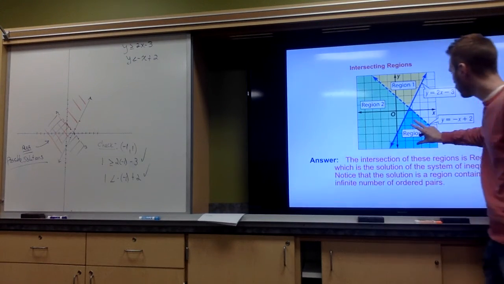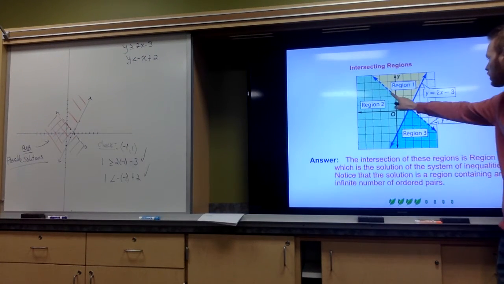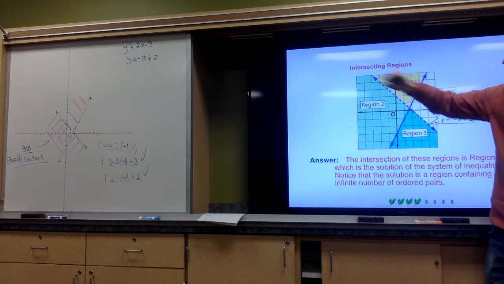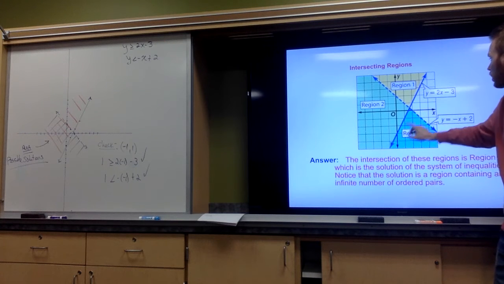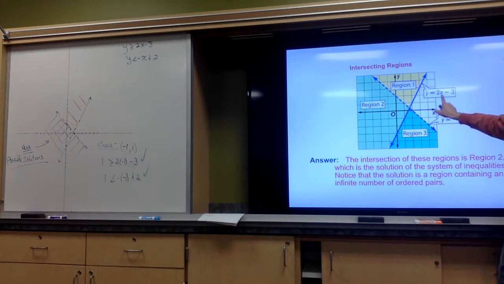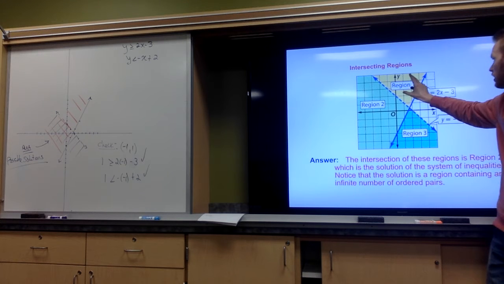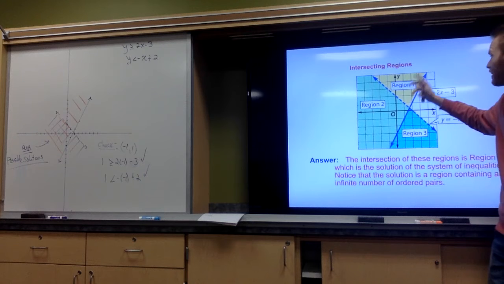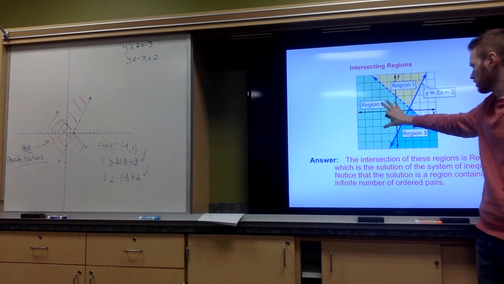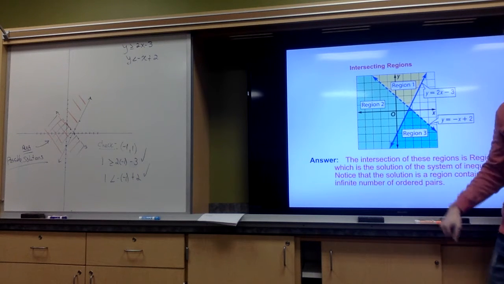This region is only going to work for the dotted line, which was equation number 2 over there. The yellow is only going to work for the solid line, which is 2x minus 3. So individually, these are solutions for the individual equations. But together, these solutions are going to work for both of them.